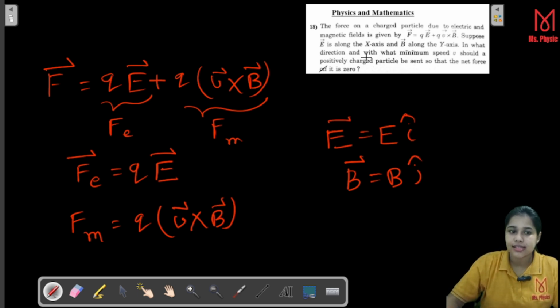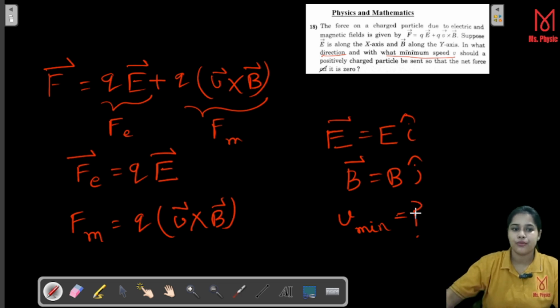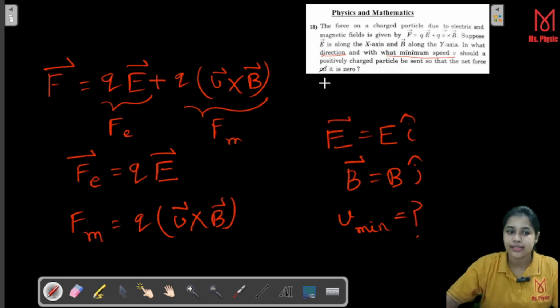In what direction and with what minimum speed V should a positively charged particle be sent? मतलब V. Okay, we have to find out the direction of V and with what minimum speed. We have to find out V min. Is the minimum value for which the net force on it is 0.